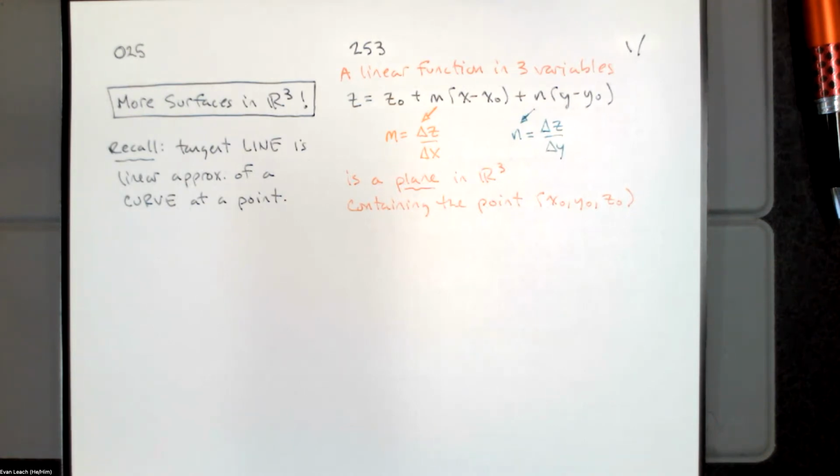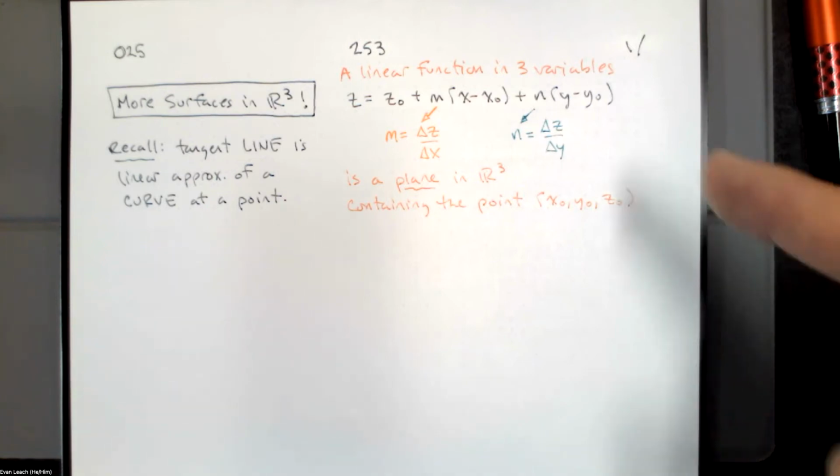If we upgrade our curve to a surface, our best linear approximation is no longer going to be a line. It's going to be a plane.